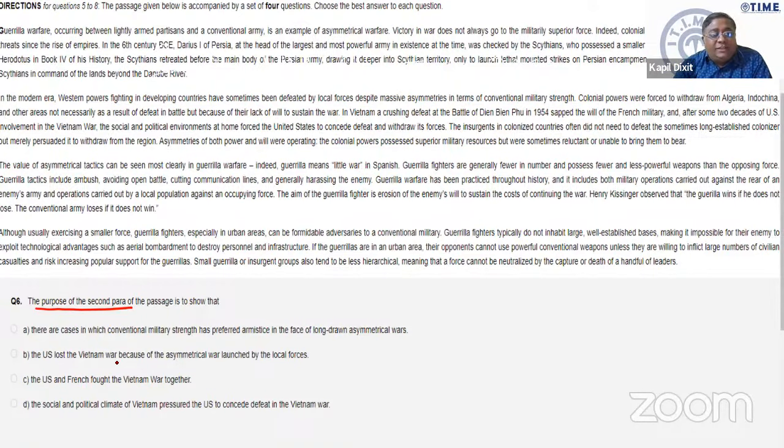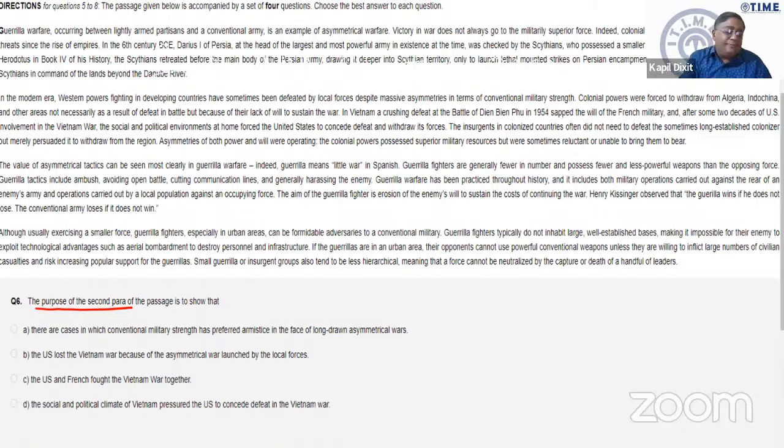The US lost the Vietnam War because of the asymmetrical war launched by the local forces. How many of you marked B as an answer? Okay, so you've eliminated B easily. Why was B eliminated? The US lost the Vietnam War. The purpose of the second para.